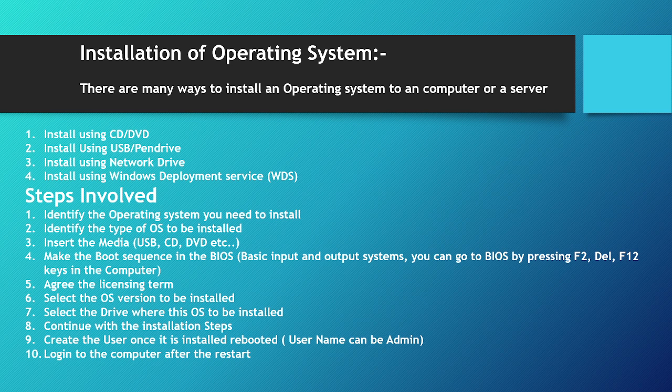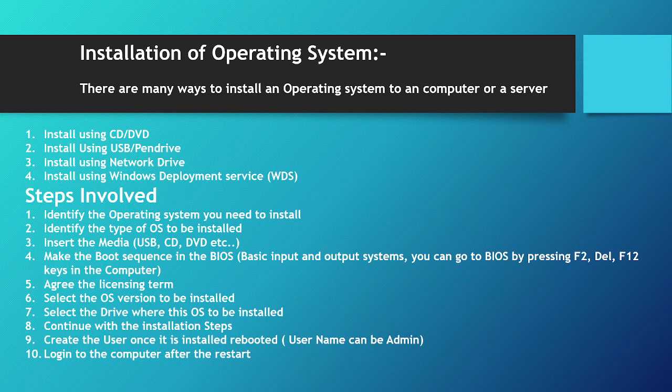Another one is network drive, meaning you can keep the bootable device in some other network place, and using the network you can install the operating system. And the fourth one is using some third party tools and some enterprise tools. We call them Windows Deployment Services, WDS, SCCM, packaging tools. There are many other things. That is the fourth option.